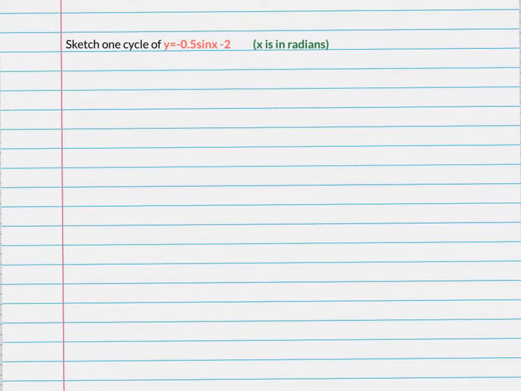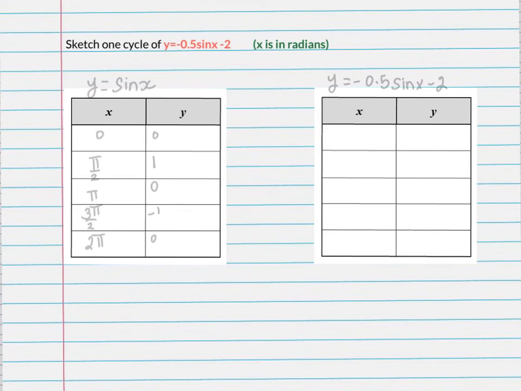We will graph it using the table of values of the parent function and then doing the necessary changes. From the table of values of the parent function, we are going to multiply the y value by negative 0.5 and then subtract 2.